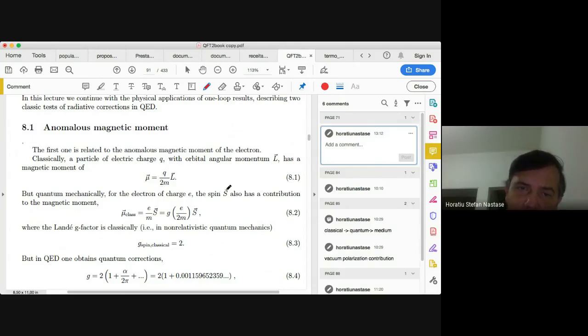So the spin is called S now, and instead of Q S over 2m, now we have charge E S over 2m multiplied by a number called G, the Landé G factor.